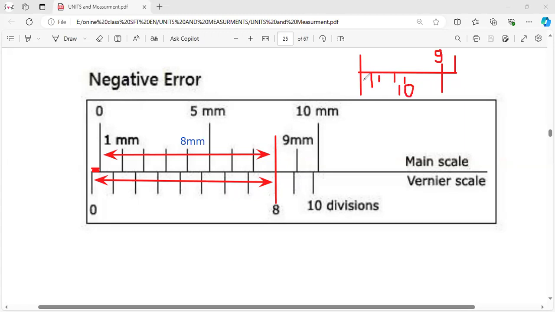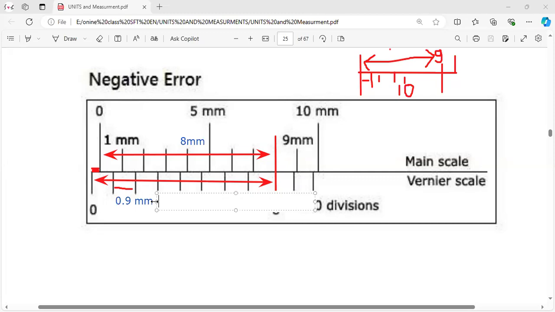If I take one vernier scale division, what may be the length? 9 millimeters divided by 10, which means this one single vernier division is equal to 0.9 millimeters, right?